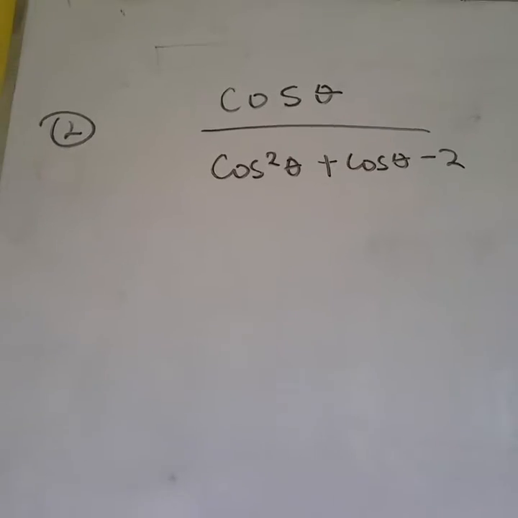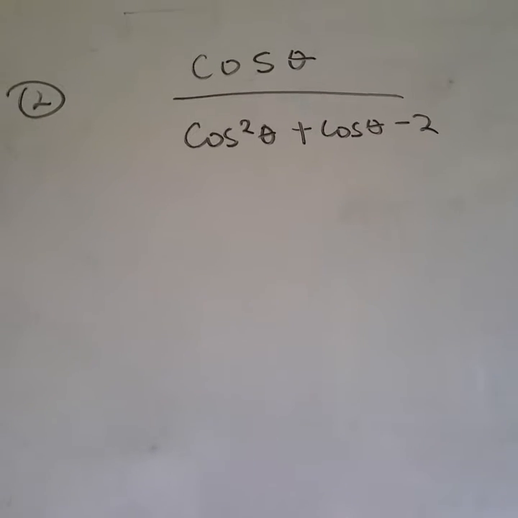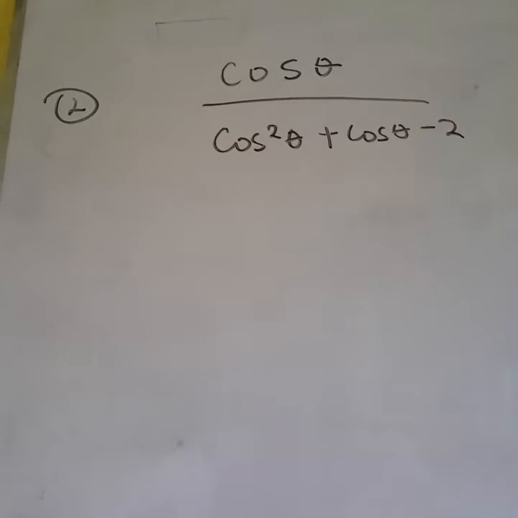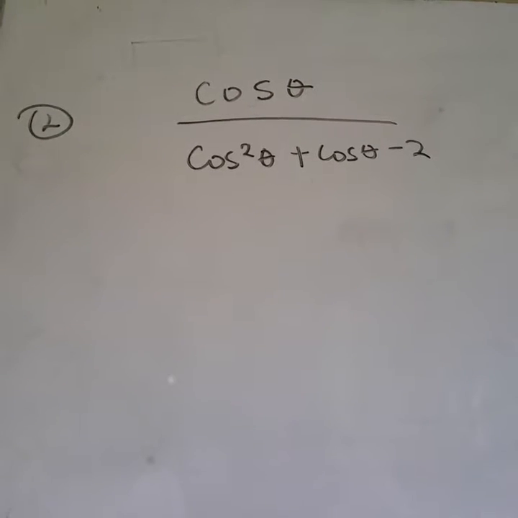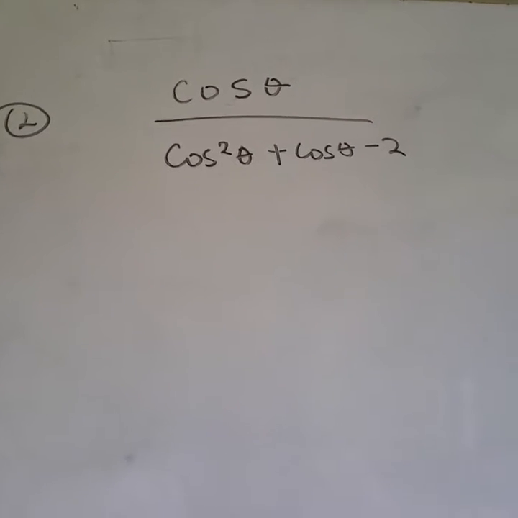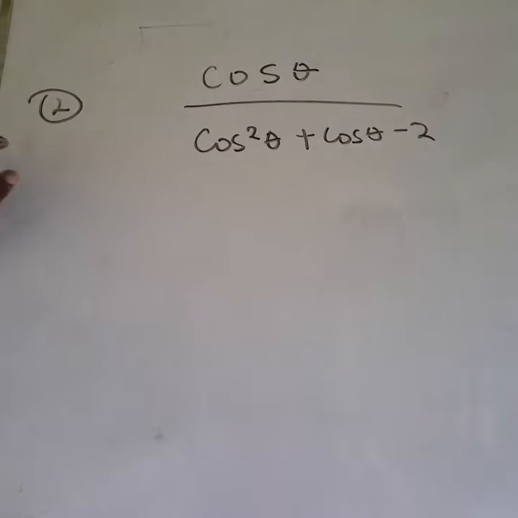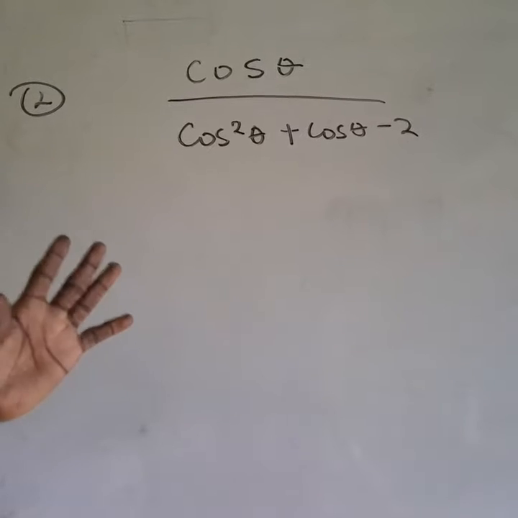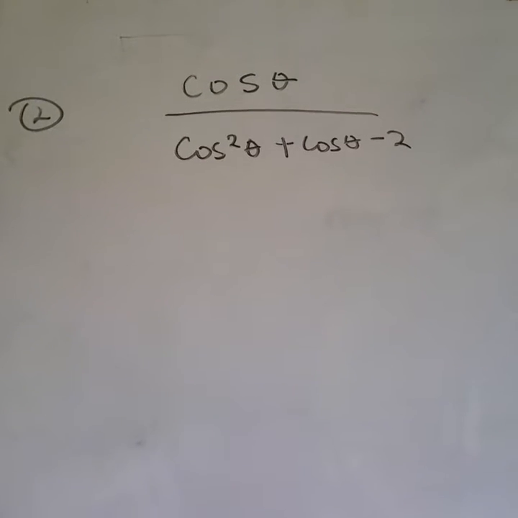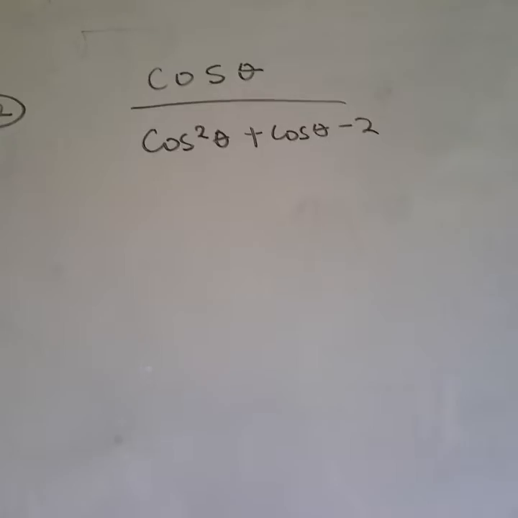Okay, from question number 2, here we have cos theta all divided by cos square theta plus cos theta minus 2. Now this is a trigonometric function, so you can't just resolve it; you have to transform it to look like other questions we have solved so that you can solve it.